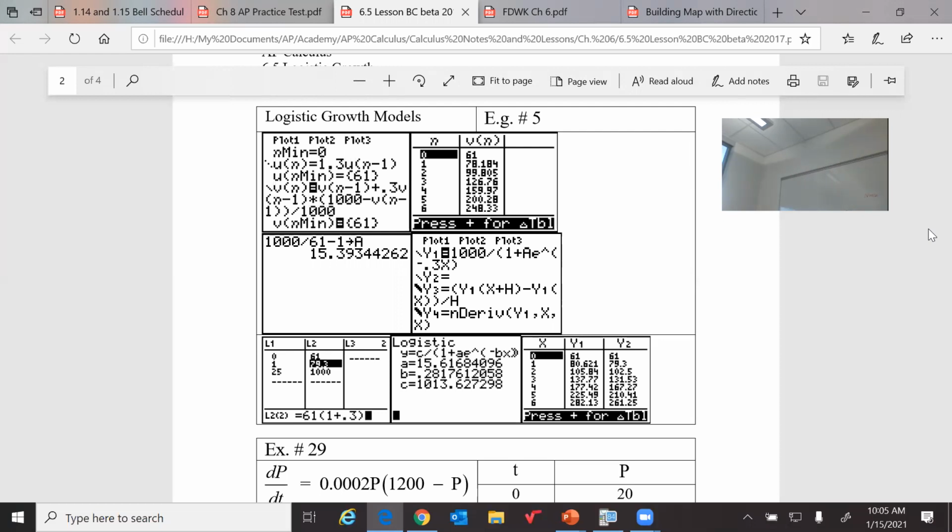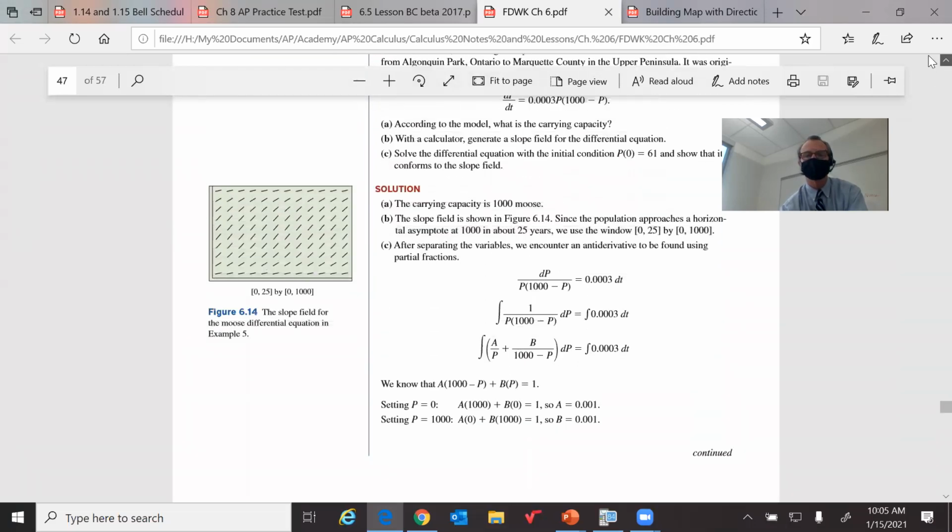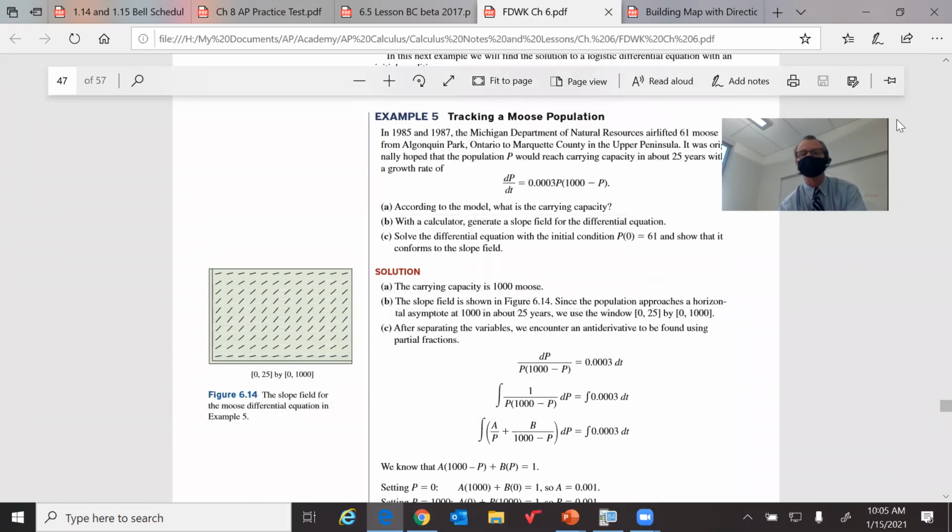Now, this is the problem about the bears. I'm sorry, they're not bears, they're moose. So here's the question, it's example 5. Just take a moment to read the question off here.